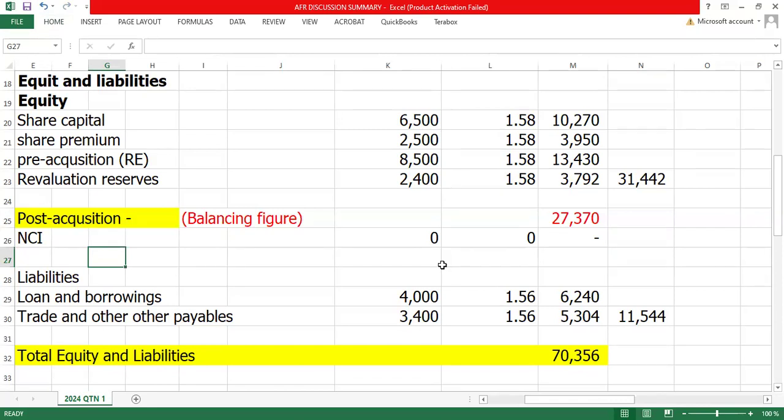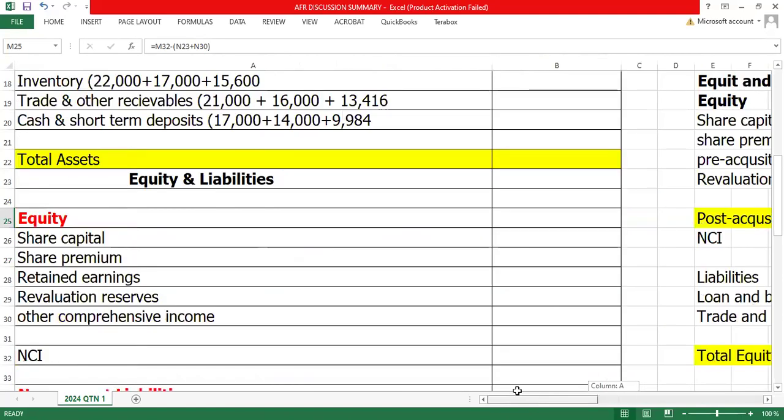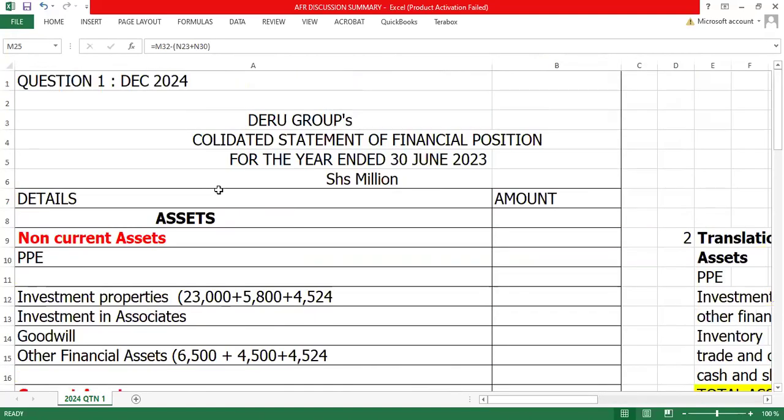We are right. This is the figure. Okay, so we are done with the translating. So come back to this and consolidate here.